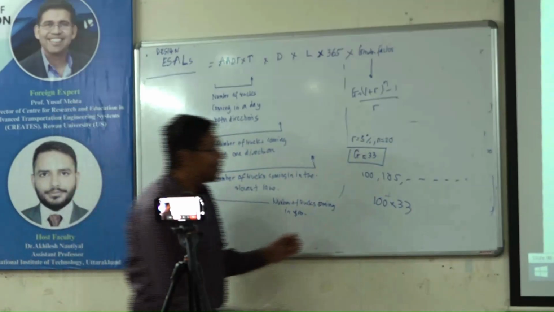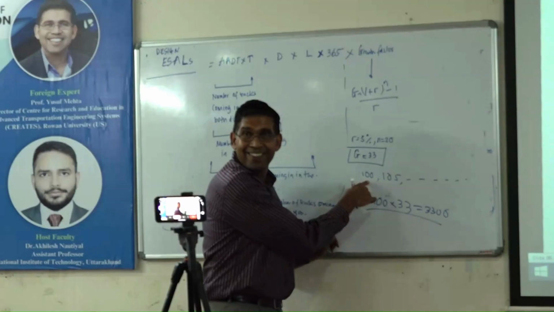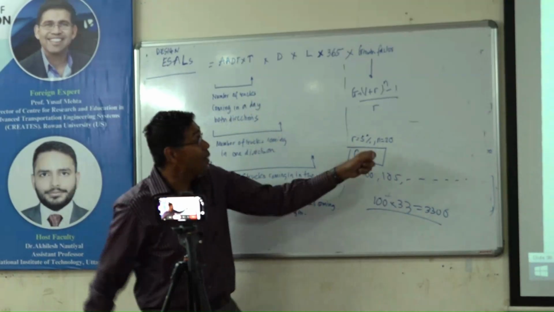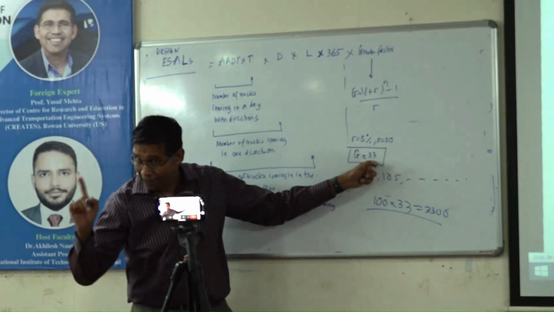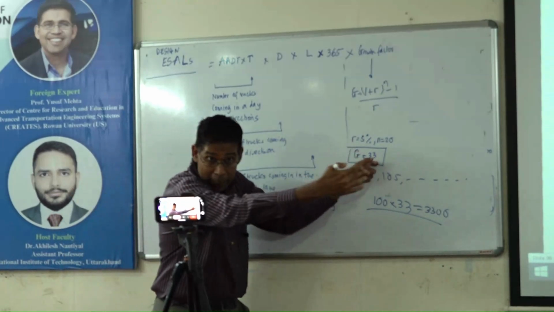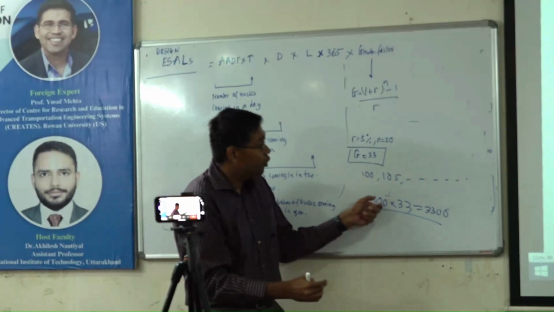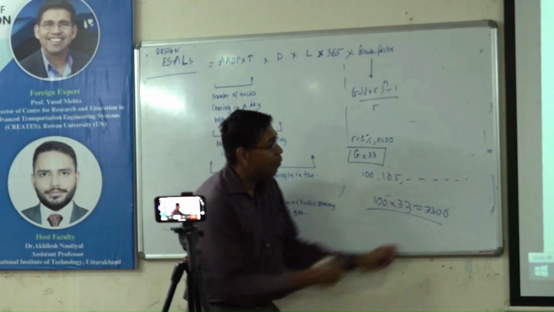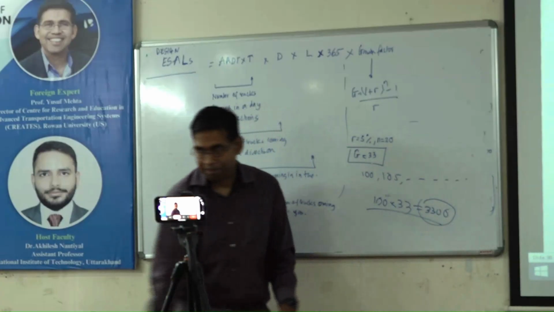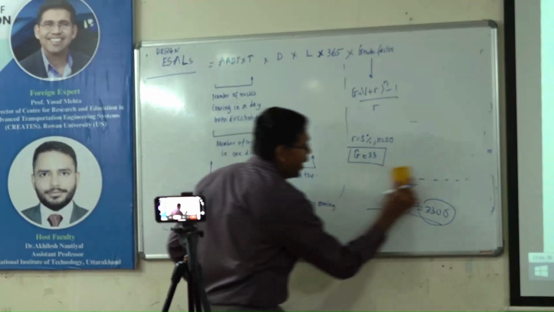So you are designing for 3300 trucks, the summation of all that. That's what this number 33 means. Understanding what I'm saying? We're designing for all of them. Got it? Alright, next one.